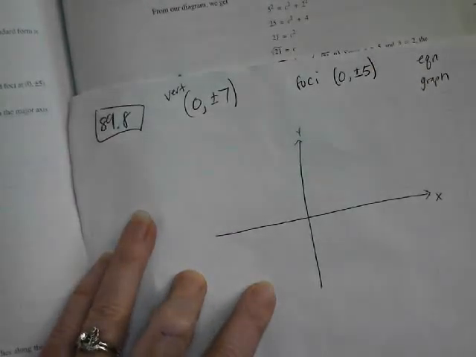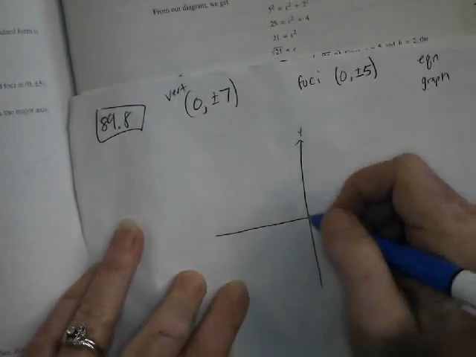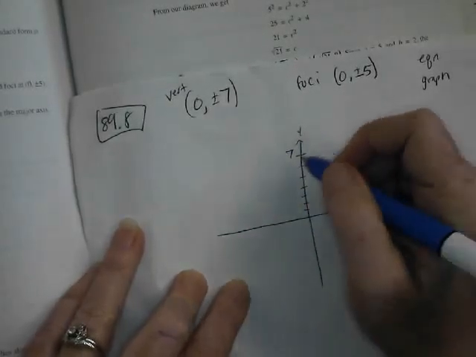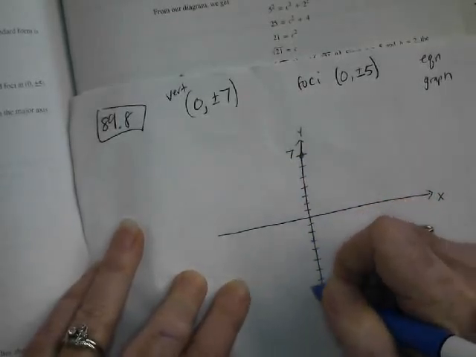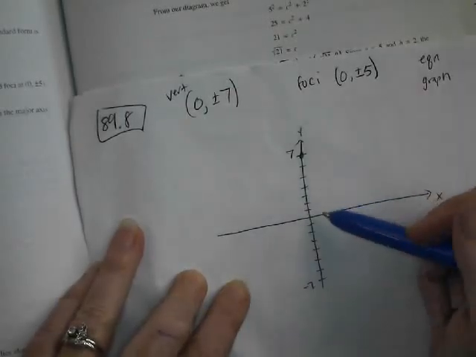Okay, so 0 and then plus or minus 7. This one obviously is going to have a center probably at the origin.